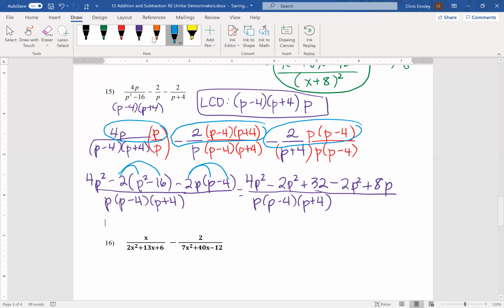Okay, collect up our like terms. For p squared, we have a 4p squared and a minus 2 and a minus 2. So 4p squared minus 2p squared minus 2p squared, they just cancel each other out altogether. That leaves us with 32 plus 8p.